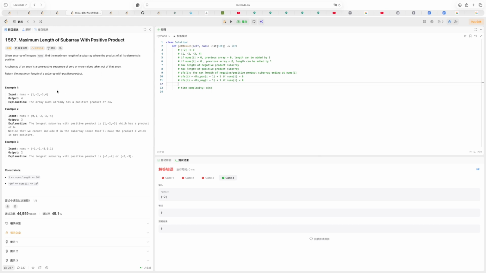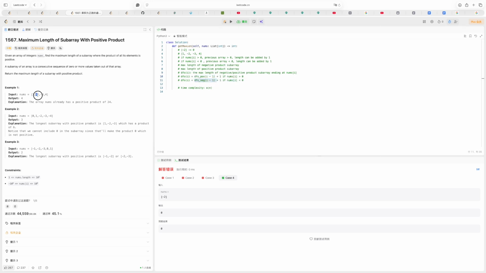When nums[i] is positive, okay, when we are at 1, it is positive, so positive length will add 1, negative stays 0.